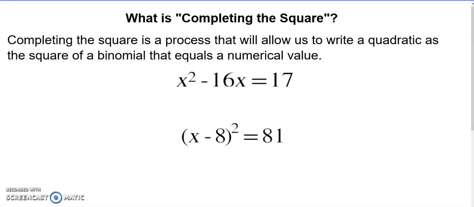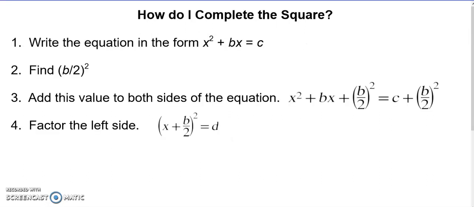So this is the process. How is that going to happen? First, I want you to take our equation with the x squared, bx, and a c. b is just the number in front of x and c is a constant. Write it so it's x squared plus the coefficient of x times x equals c. The x's are on one side, and put the number on the other side by adding or subtracting.